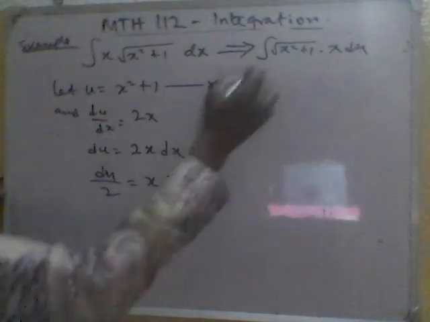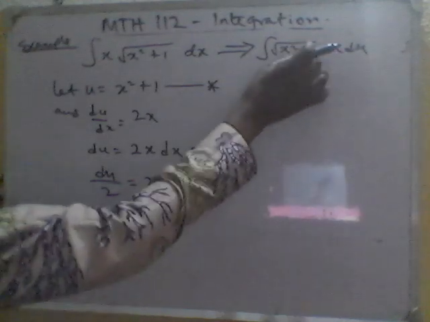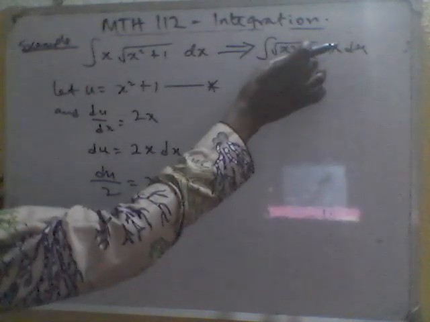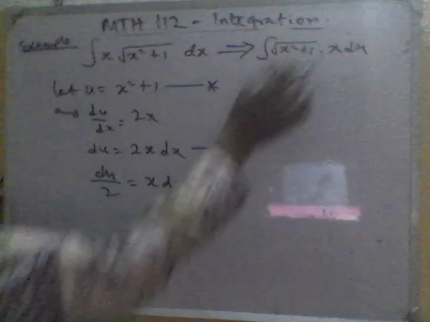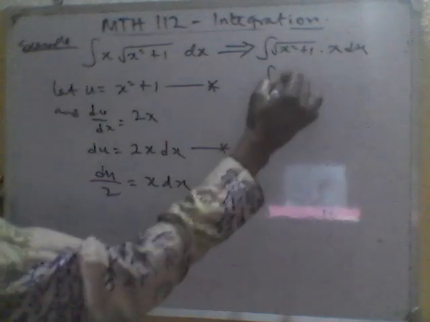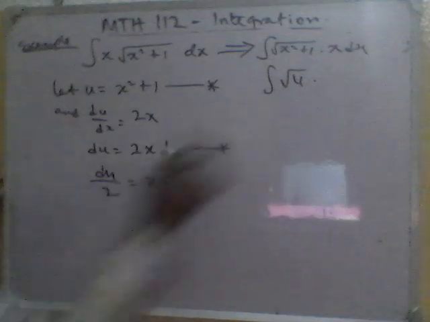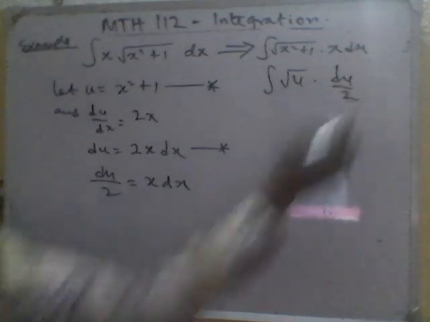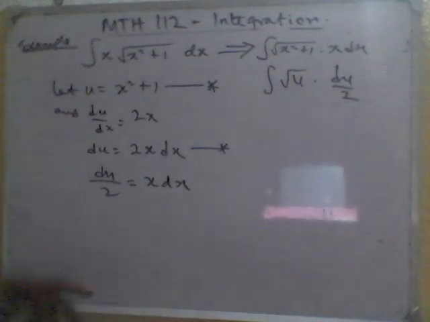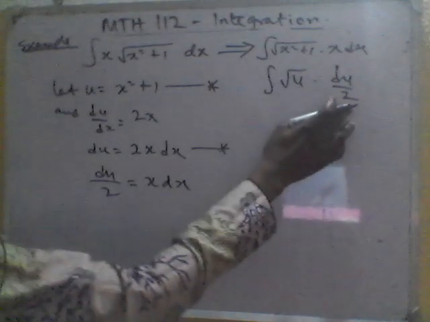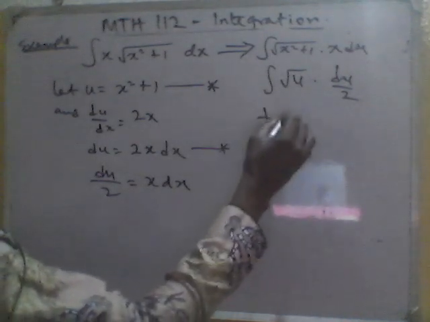This now becomes the integral: instead of x squared plus 1, I'll have u, that's square root of u, dot, instead of x dx, I'll have du over 2. So you see that I've just expressed the whole of this in terms of only u and du. You know this one is a constant. I can bring it out. That is half.